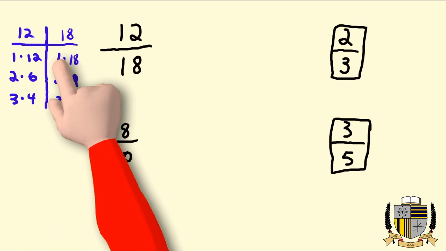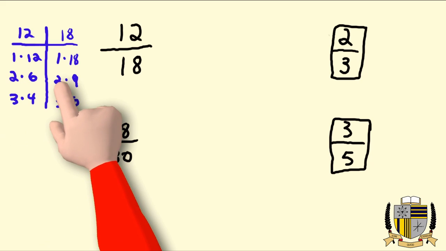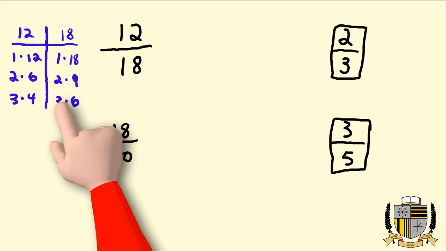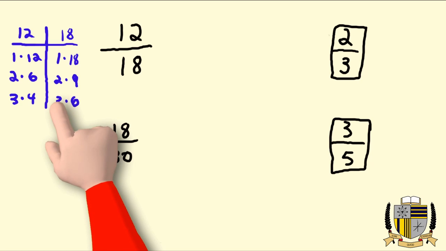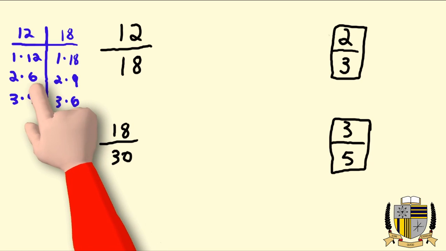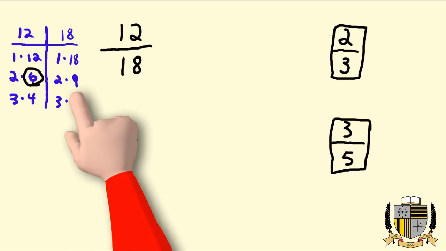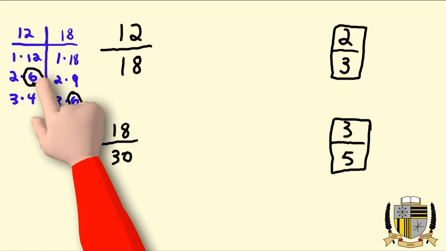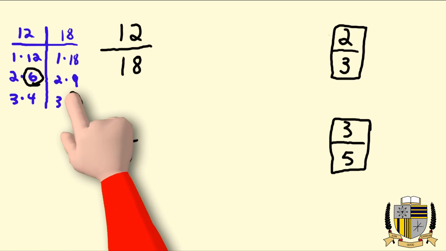Now we have some numbers that are common, like 1. We have a 1 here and 1 is here, that's common. And 2 here, 2, that's common. 3 and 3 is also common. But the largest common is 6 and 6. That is the greatest common factor.